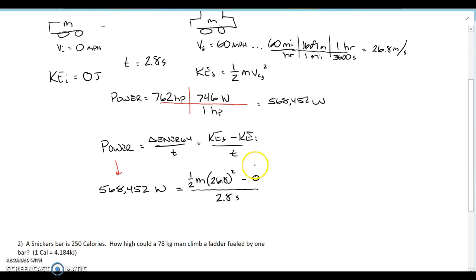So in the numerator we have joules, in the denominator we have seconds, so the units are going to match up. And now I'm just solving for that mass to get to my answer.